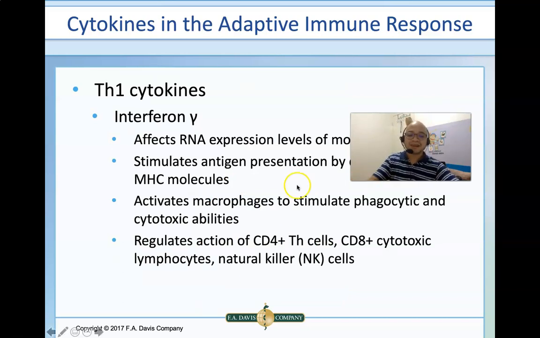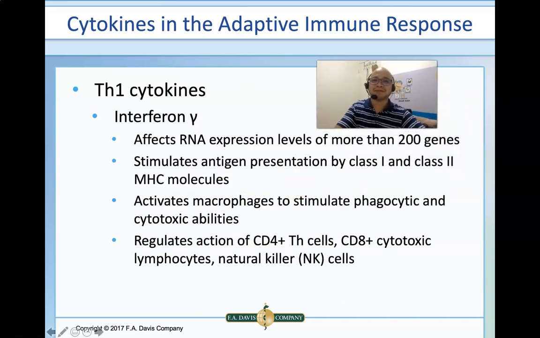Okay, so let's talk about the different adaptive immune response cytokines. We have the Th1 cytokines. First, gamma interferon, which affects RNA expression levels of more than 200 genes. Wow. It stimulates antigen presentation by class 1 and class 2 MHC molecules. Gamma interferon will activate macrophages so that it will stimulate phagocytic and cytotoxic abilities.